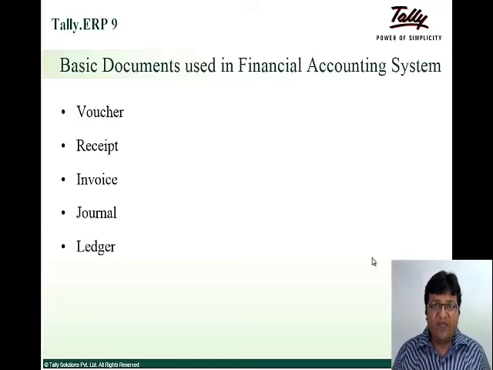Second is receipt. When you receive money from a person, you are supposed to record this receipt in a document which is known as receipt. Next is invoice. Invoice is a document which is exchanged with your customer.